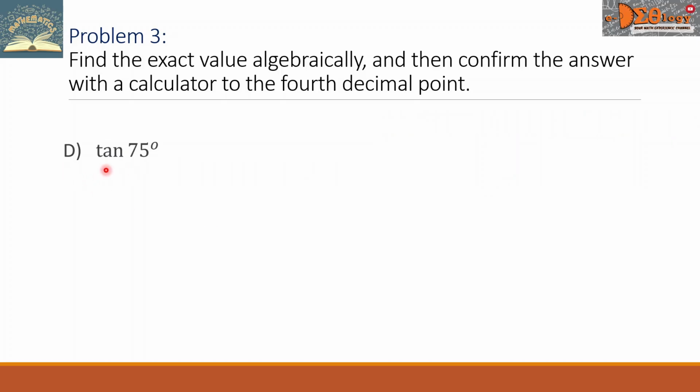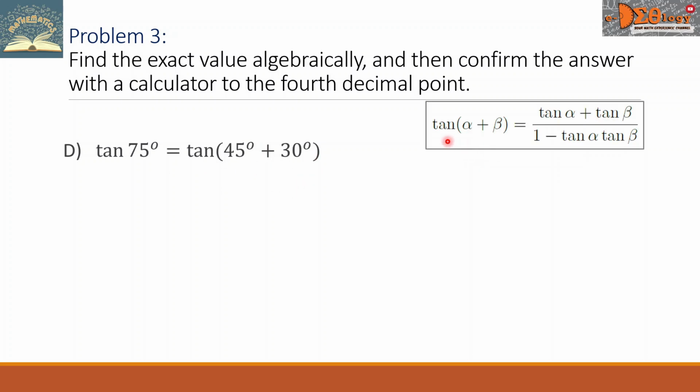Expression D, tangent 75 degrees. We can write this as tangent of 45 degrees plus 30 degrees. With the sum of the tangent, this is our formula. Tan of alpha plus beta equals tangent of alpha plus tangent of beta all over 1 minus tangent alpha tangent beta.